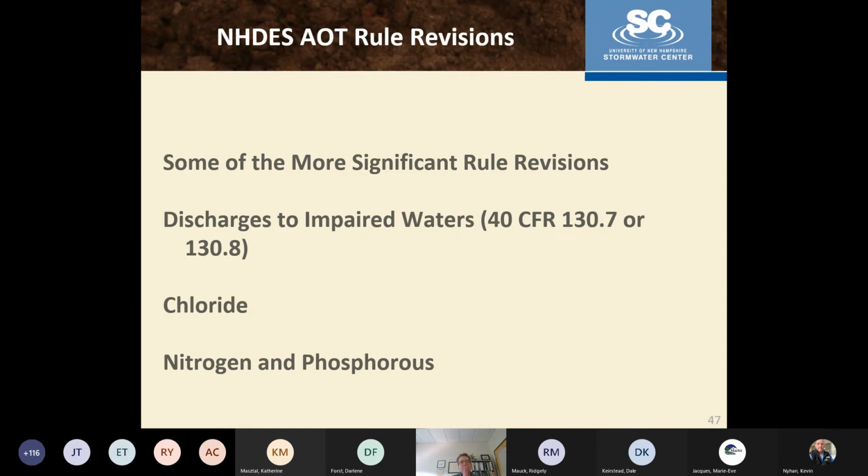So we worked with DES AOT to develop a hybrid system that could meet the enhanced requirements in nitrogen impaired areas.